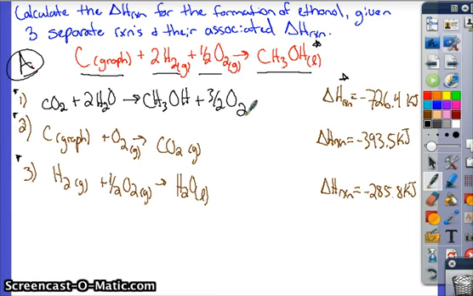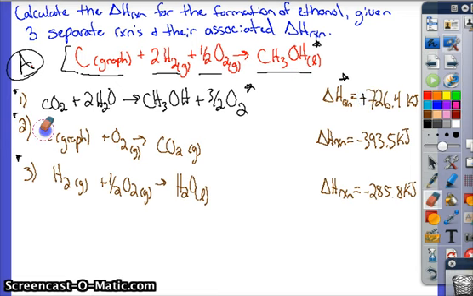The second reaction, we say, all right, we've identified the CH3OH. We now have graphite. Graphite is, again, one of our substances in the reaction in question. It needs to be shown as a formation, so we need to reverse this as well. Oh, and before I forget, since we reversed the first reaction, we need to reverse the sign, so a negative becomes a positive.